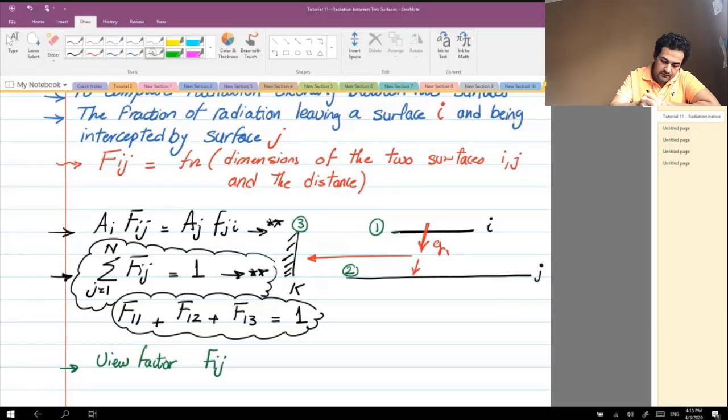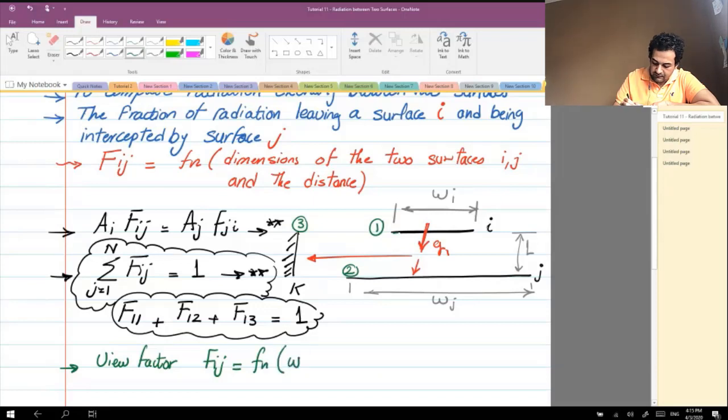If this is the width of surface 1, wi, and this is the width of surface 2, wj, small w, and the distance is L, then Fij is a function of the widths wi, wj, and also the length L.